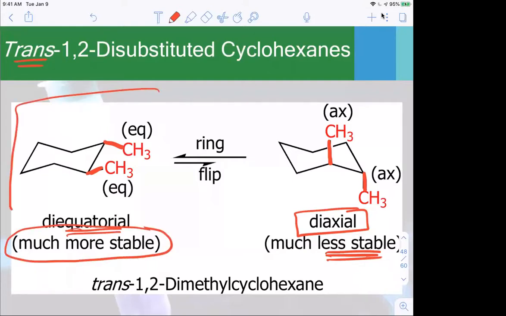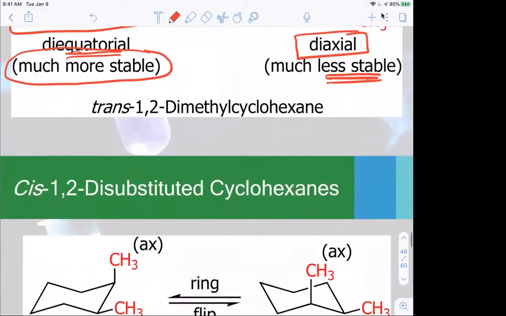You have to be able to draw all these two ring flips, assess their stability, and explain why one is more stable than the other using the correct terminology, including di-equatorial. This has 1,3 diaxial interactions. Use the word steric strain, torsional strain. You want to use the nomenclature that we've talked about in this class in order to explain what your answers will be.